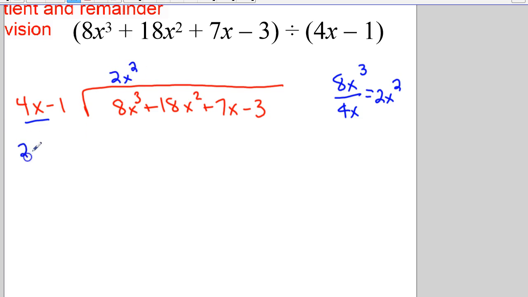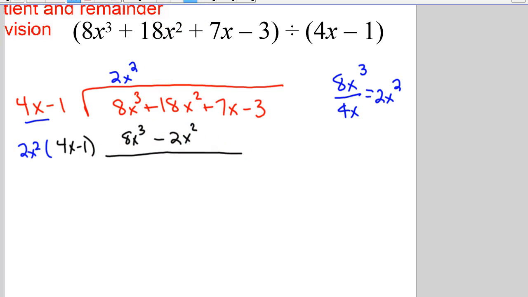And then I'm going to take 2x squared, and I'm going to multiply it by 4x minus 1. And I'm going to record that over here. So when I distribute, I get 8x cubed, and then I get minus 2x squared.